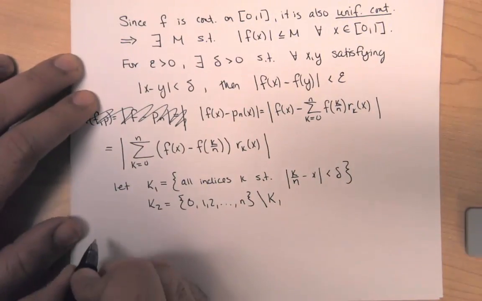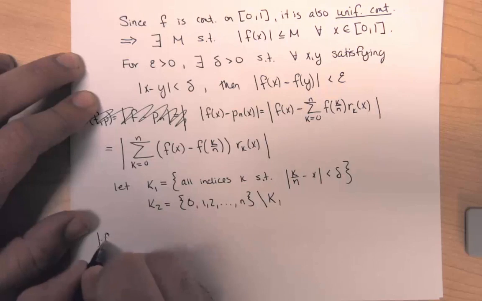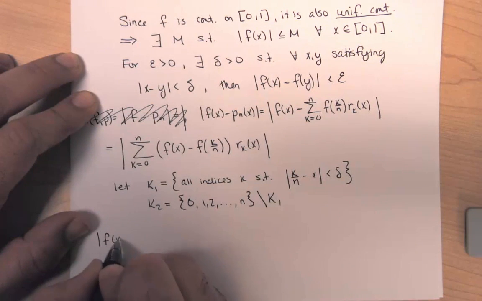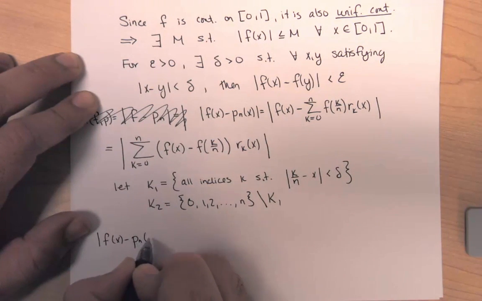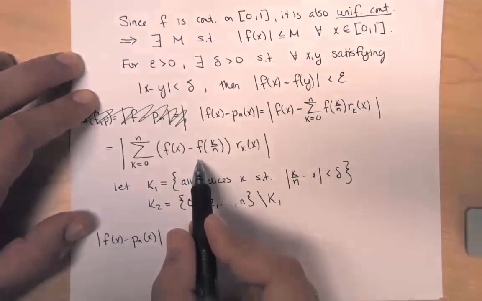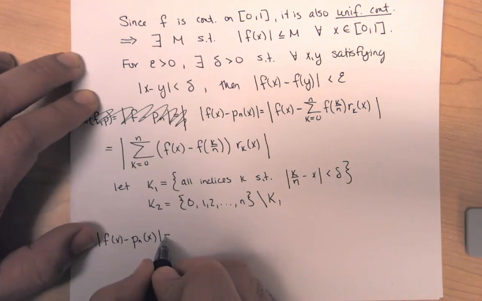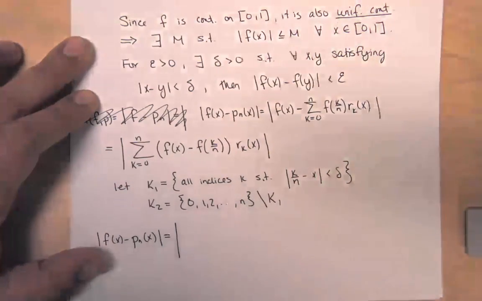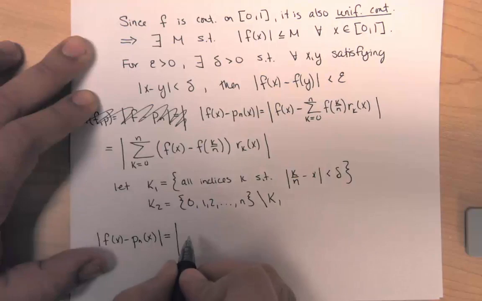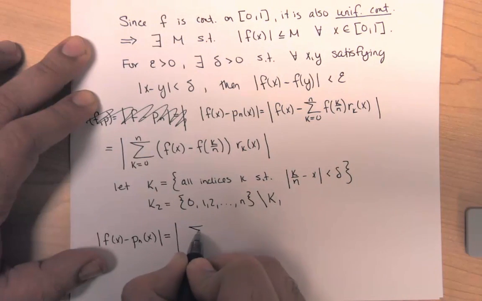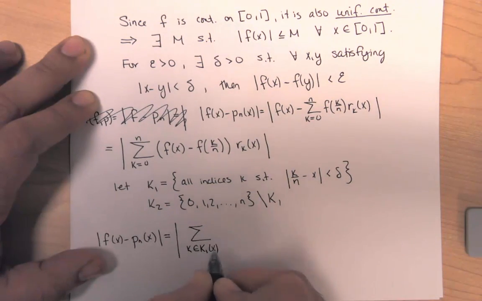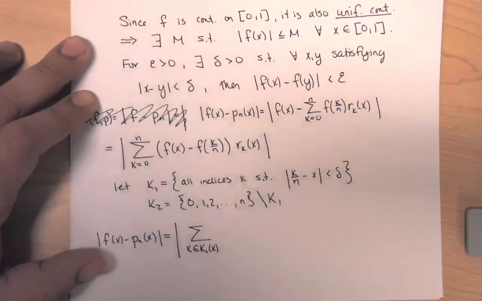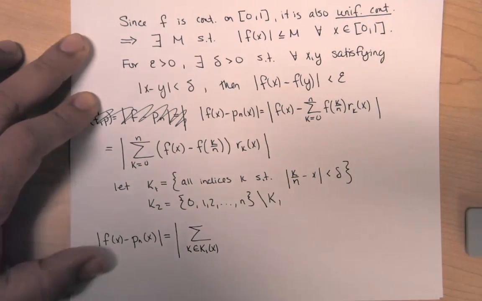So then my difference, which is equal to this, can be split into the indices where I'm within a delta range, and of course this set's going to depend on x. As x moves, the indices close to x will of course move with it.